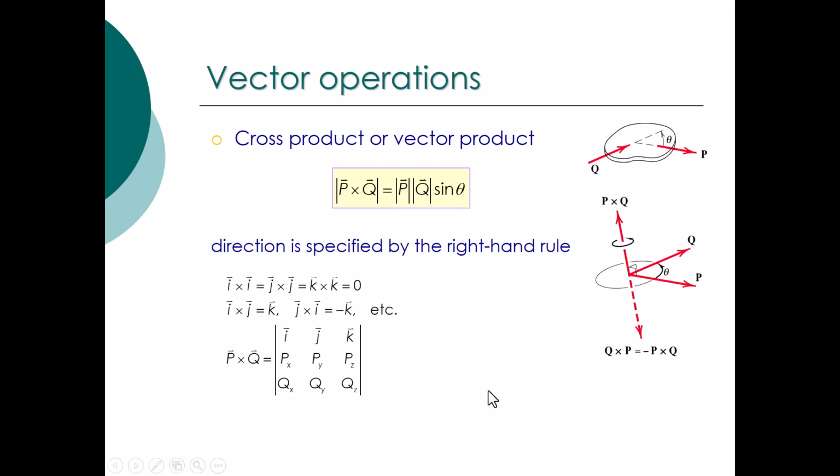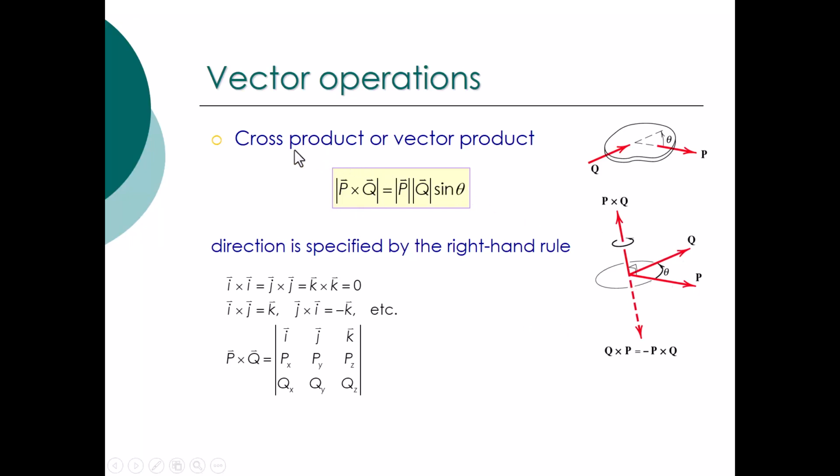Another vector operation is important, especially when finding the moment of a force, which is the cross product. The cross product or vector product will result in having a vector and not a scalar. It's different from dot product. It will lead to getting a vector that's perpendicular to the original vectors.